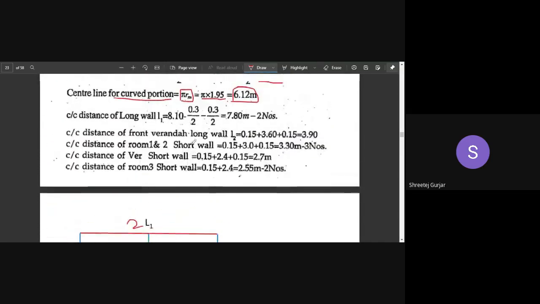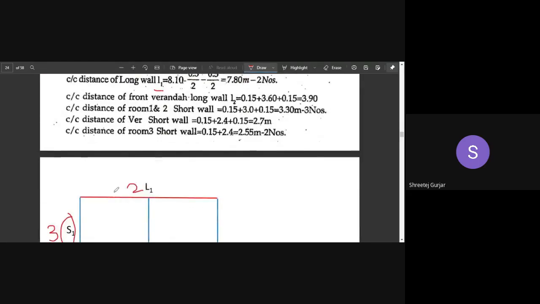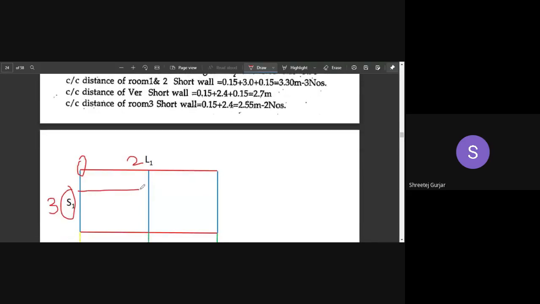Let us look into how we calculate the length. For the first long wall L1, it will be half of the wall thickness here, that is 0.15, plus your in-to-in distance, plus your wall thickness, plus your in-to-in distance, plus half of your wall thickness.